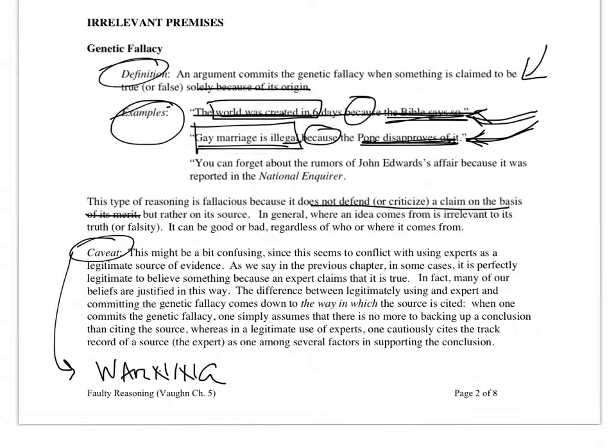So, for example, when you cite an expert in his or her area of expertise to demonstrate that a certain claim should be supported or is true, in a way, you are going to the origin, but it's not a fallacy in this case because we expect experts to know what the facts are.